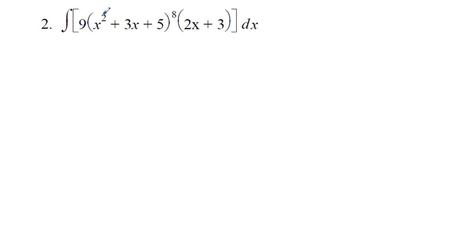So what I'm going to do is let this whole thing inside here be equal to u. Okay, so I'm going to say let u equal x squared plus 3x plus 5.